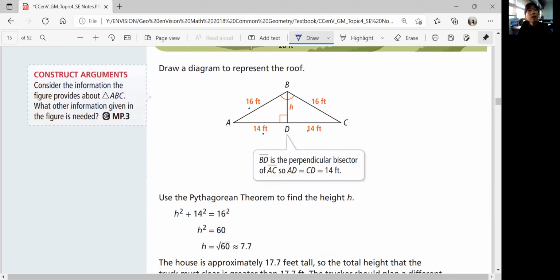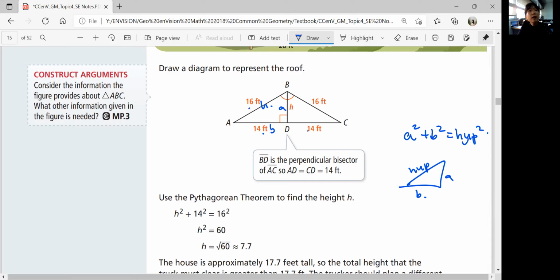You can use the Pythagorean theorem to find the height h. This is the hypotenuse, and that's A and that's B if you have a triangle. This h represents height, so your height is going to be part of A. You know that A squared plus B squared is equal to hypotenuse squared.